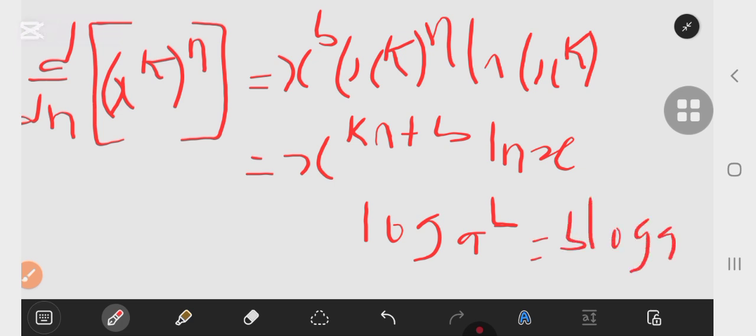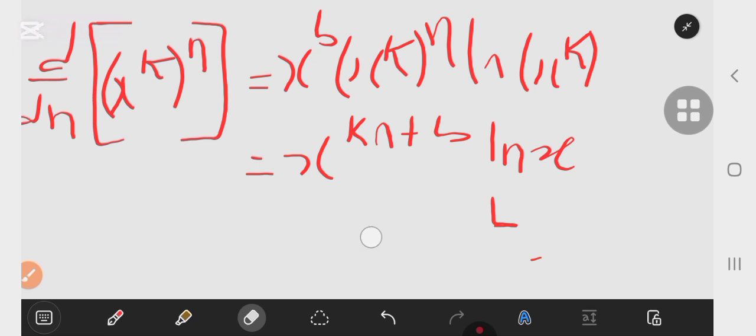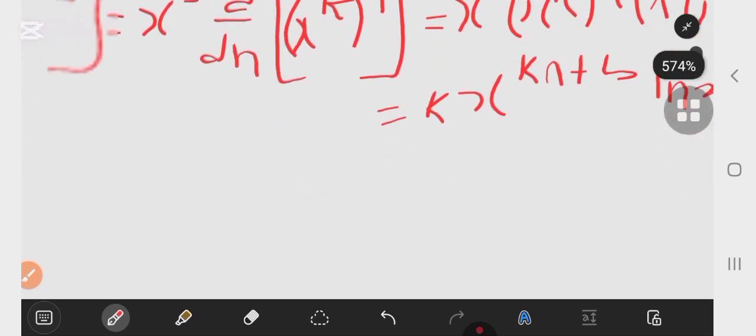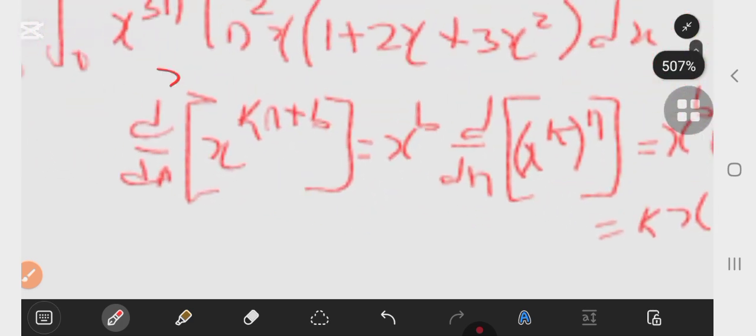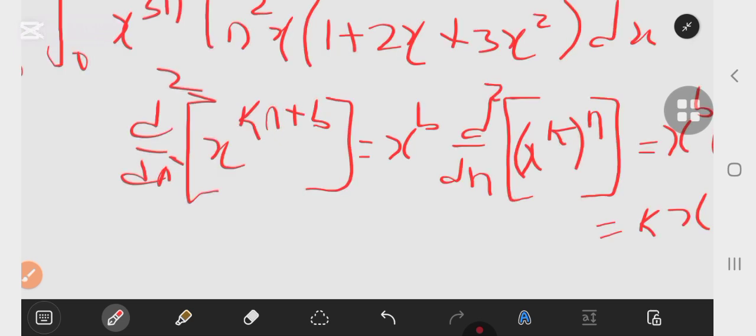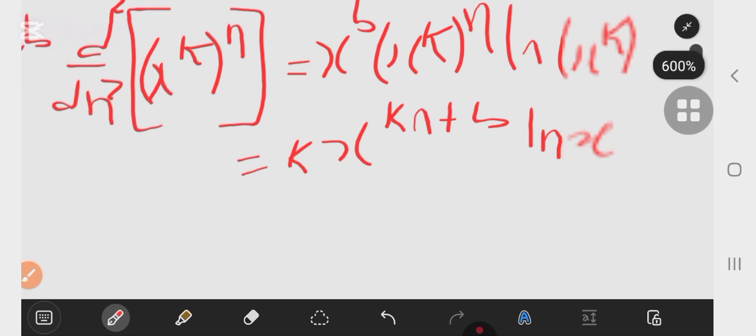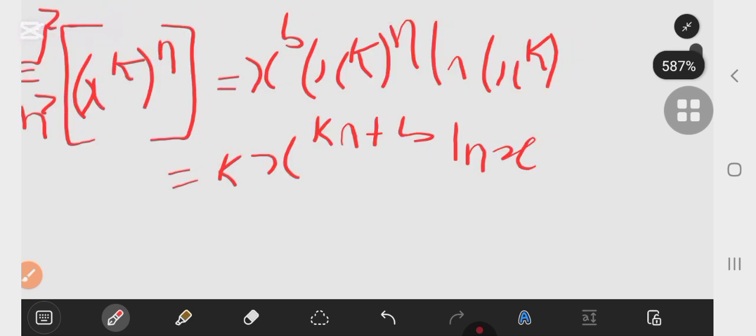So that is what I'm going to do here. This is x to the power of k, right? I'll just leave this k and bring it out. This is the same as k multiplying this. So now if I do this differentiation for the second time, it will not be the second derivative of this. This time around, this ln x will be squared.